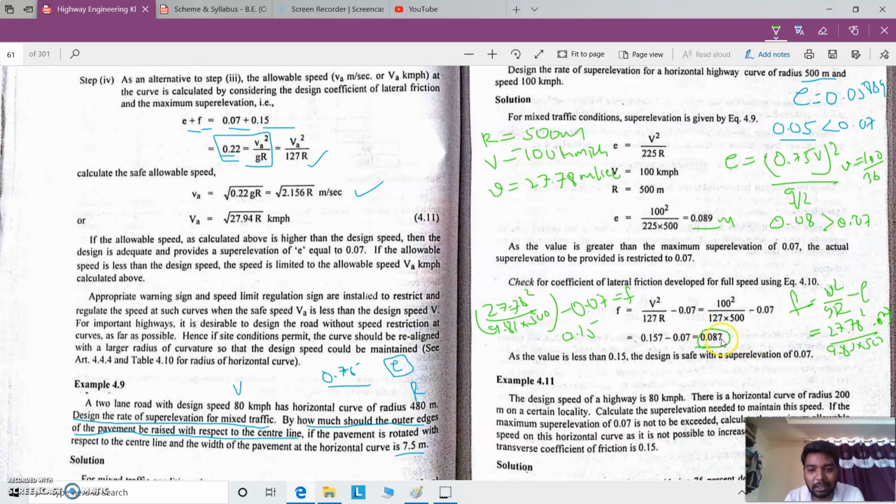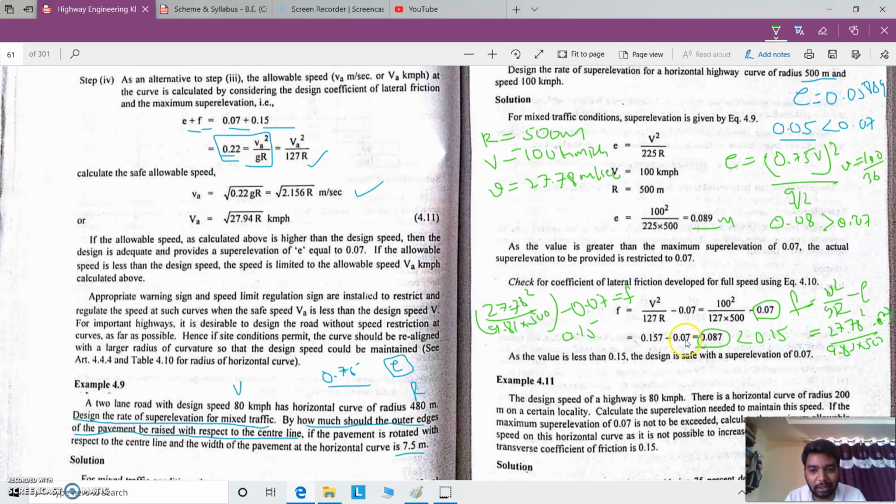That means it is less than 0.15. So the super elevation can be provided as 0.07. That means as the value is less than 0.15, the design is safe with super elevation 0.07.